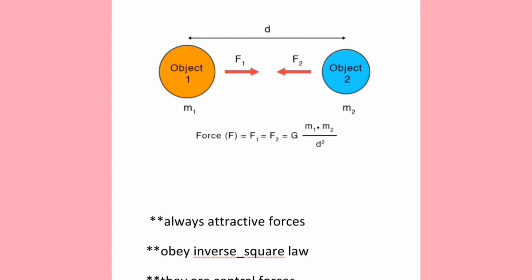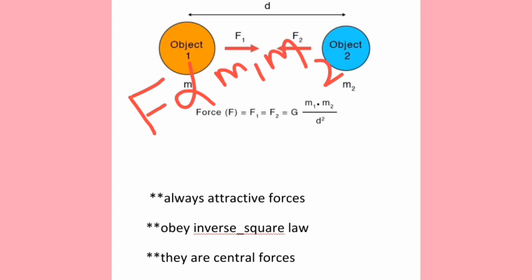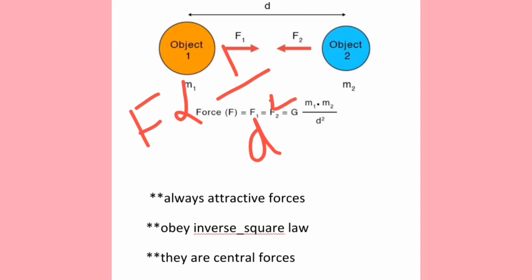So, according to the universal law of gravitation, the force of attraction between these two masses is directly proportional to the product of their masses, that is m1 × m2, and inversely proportional to the square of the distance between them. That means F is proportional to 1/d².